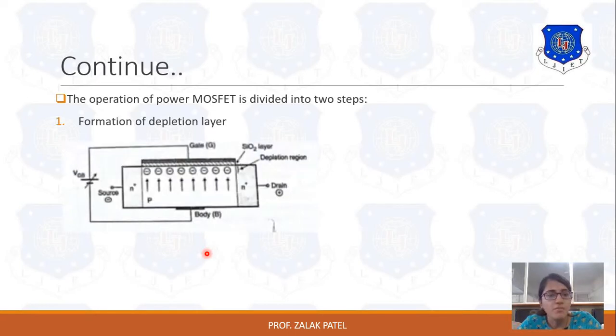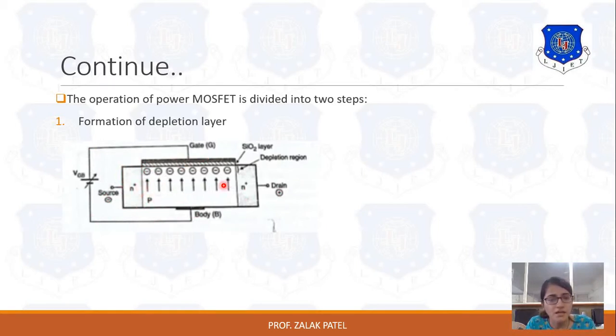Here, for formation of depletion layer, first a positive voltage is applied and the structure should be in a forward biased condition. Over here you can see that there are layers of N plus, P and N plus with the source, body, drain and gate terminals.